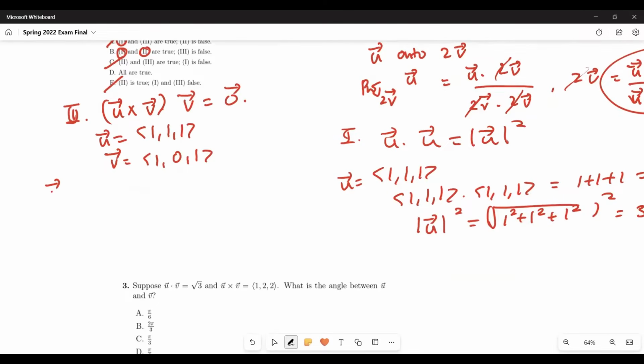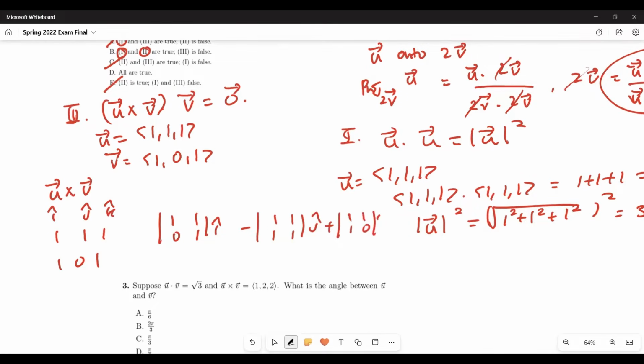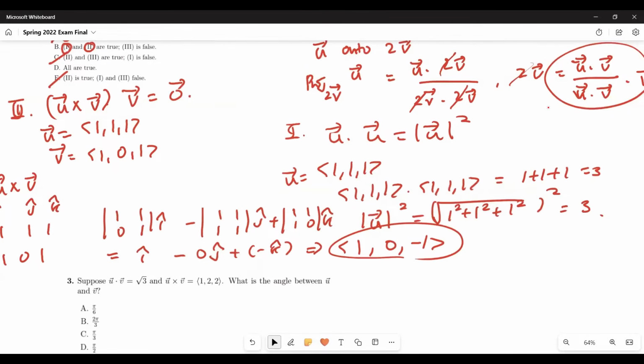So u cross v: i, j, k, (1, 1, 1), (1, 0, 1), which is 1 i minus 0 j plus (-1) k. I just did the calculation really quickly. It's just finding the determinant. So this just becomes (1, 0, -1).